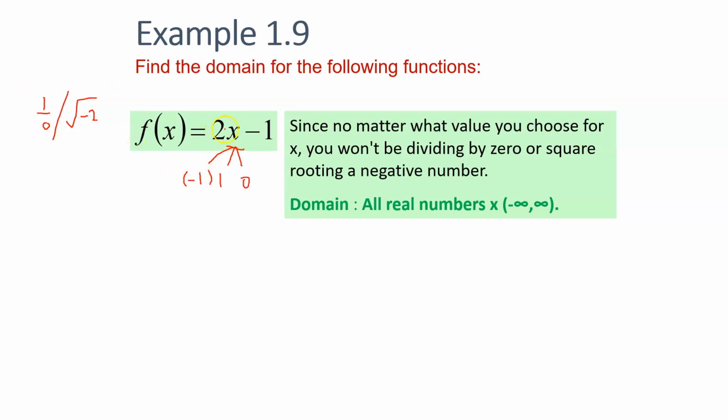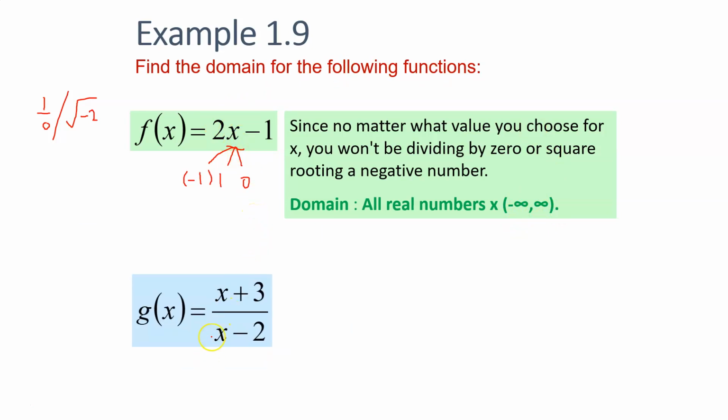So bila you ganti negative 1 dalam sini, still you get 2 times negative 1, negative 2, negative 2 minus 1, you get negative 3. So it is acceptable, masih boleh diterima jawapan dia, as long as bukan dalam bentuk this one. Okay, so the domain is all real numbers of x. Daripada negative infinity until infinity, you can substitute it into the x, boleh ganti masuk dalam x.